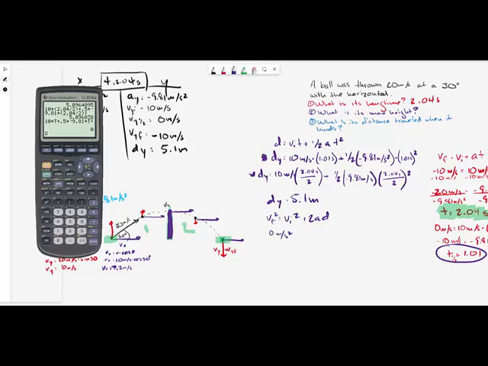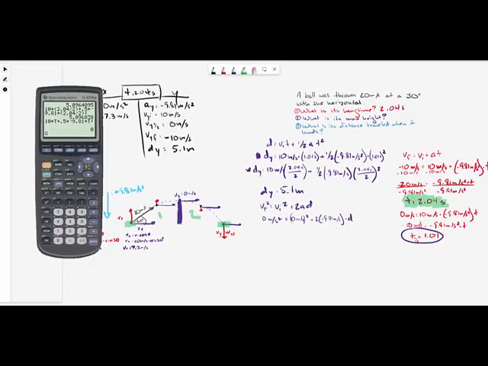The vy here equals 0 meters per second. That's going to equal the vi squared, 10 meters per second squared. It's a 10. Plus 2 times negative 9.81 meters per second squared times d. And if you use this equation, you'll get the same answer that we got earlier. Something close to 5.1 meters.